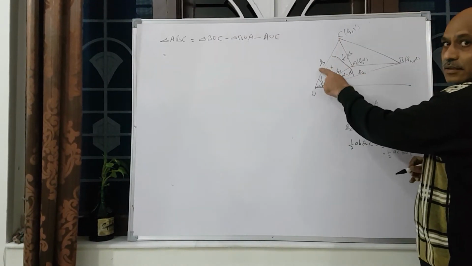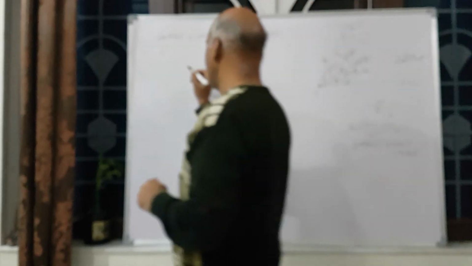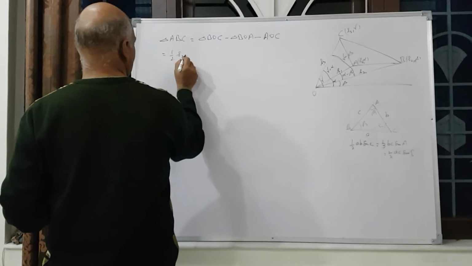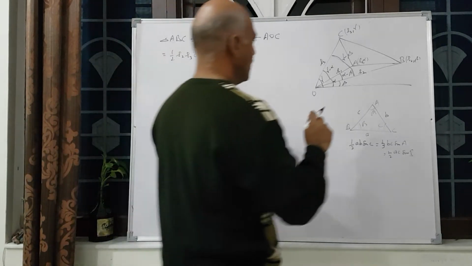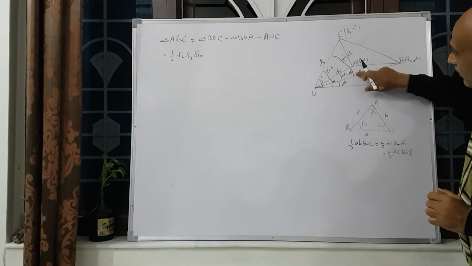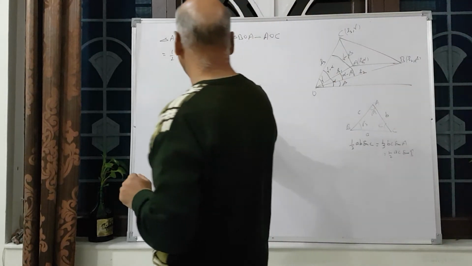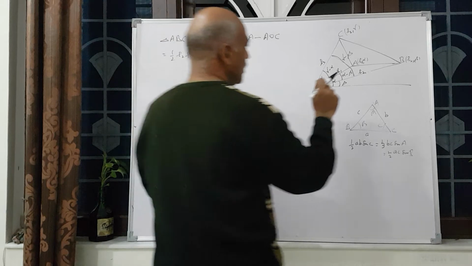R2 R3, like for this AB line, half R2 R3 sine angle. What is this angle? This angle is gamma minus beta. Gamma minus beta minus half BOA.